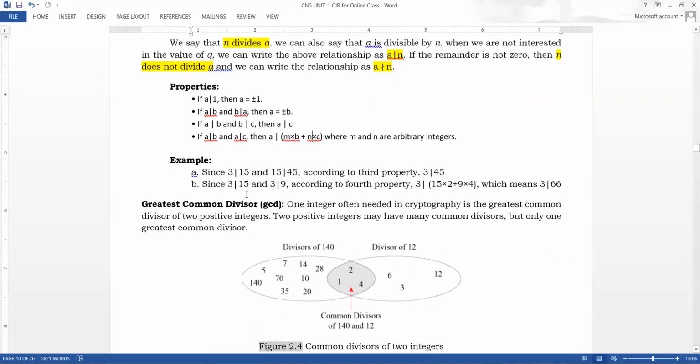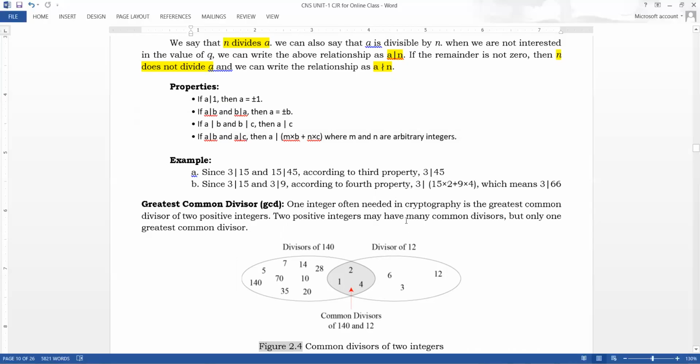We will see here small examples for the third property and fourth property. Since 3 divides 15 and also 15 divides 45, then automatically 3 divides 45. And the example for the fourth one: 3 divides 15 and 3 divides 9.